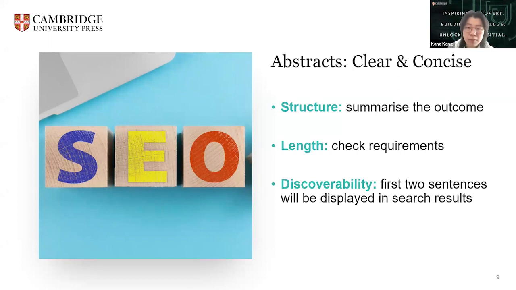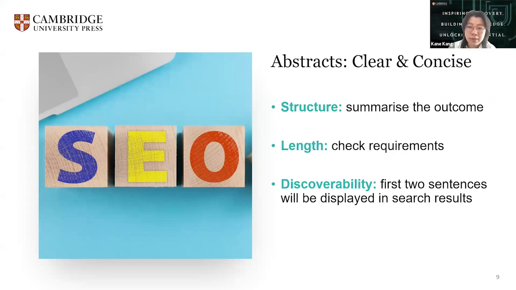And then discoverability. If you go to a platform, whether it's Google Scholar, WOS, Scopus, or any platform, and search for manuscripts, the first two sentences will be displayed in the search results. That means the first two sentences are extremely important for you and for future readers.